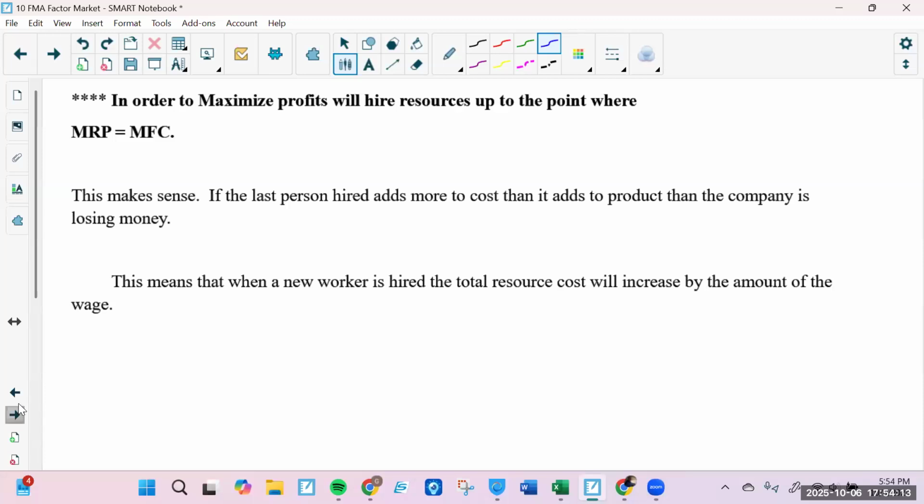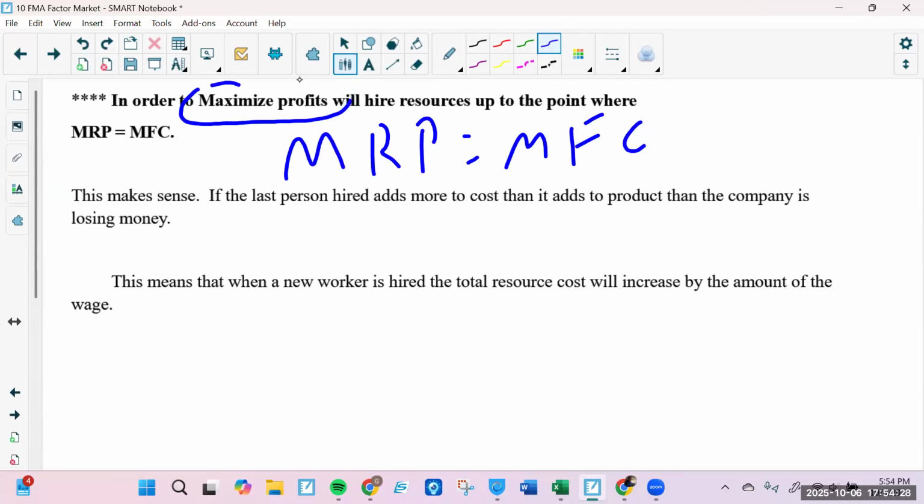All right. Bottom line is this. In order to maximize profits, firms will always hire where the MRP is equal to the MFC. And if they're doing that, they're actually maximizing profits because they're buying the perfect number of workers.